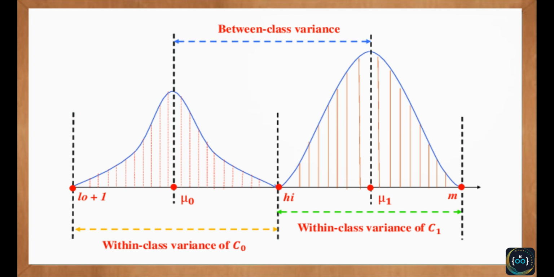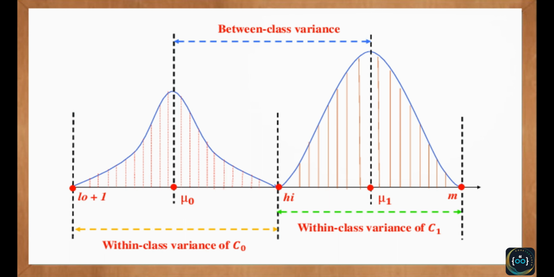Remember, the within class variance has to be very, very small. If the within class variance is small, it means that the white part and the black part are each centered very close to their mean, which is very good.